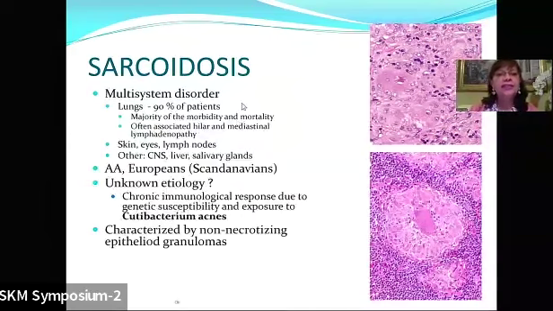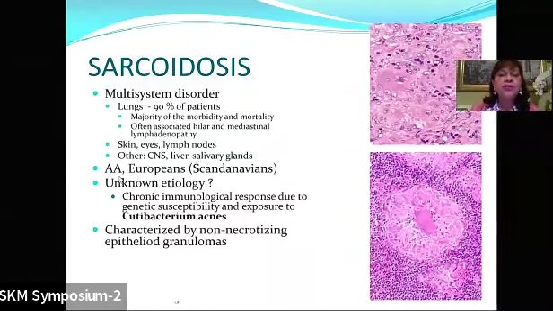Sarcoidosis is a multi-system disorder that predominantly affects the lungs, where it is responsible for most of the morbidity and mortality. Oftentimes, this is associated with hilar and mediastinal lymphadenopathy, as in our case. Other sites that can be affected in particular are the skin, eyes, lymph nodes, also the CNS, salivary glands, etc.